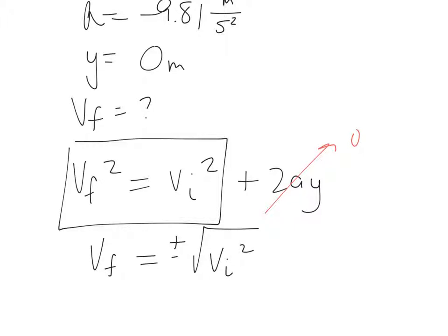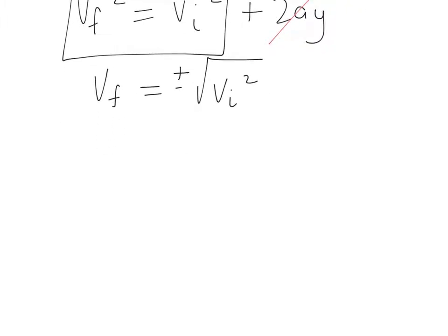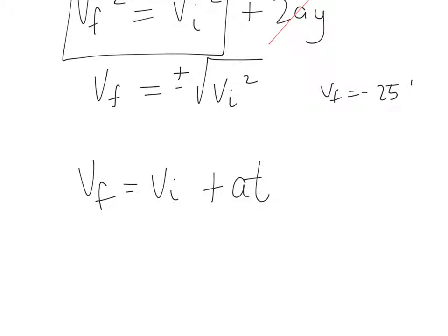The same thing occurs with time. Proving the symmetry with time, we could say the following. Take a look at this now. Since we know Vf was negative 25, just the opposite of Vi, we can plug them in.